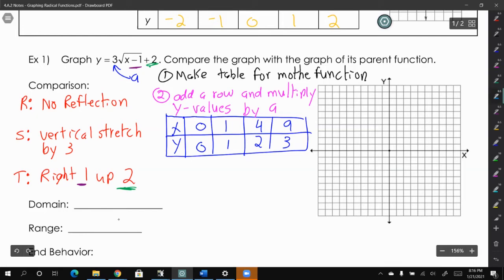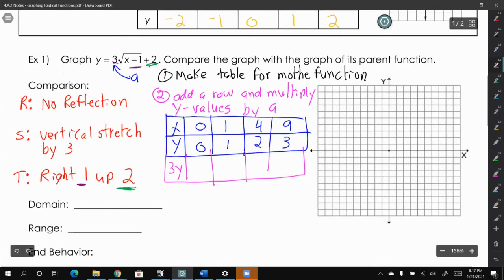So what we'll do is we're going to add another row underneath, and we're going to call this 3y because we're going to multiply all the y values by 3, because that is our a value right here. So 0 times 3 is 0, 1 times 3 is 3, 2 times 3 is 6, and 3 times 3 is 9. So then the next step is going to be graph.